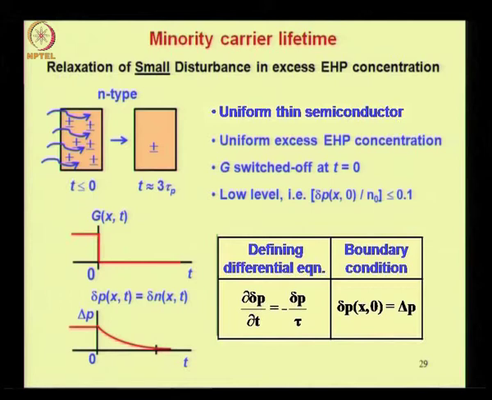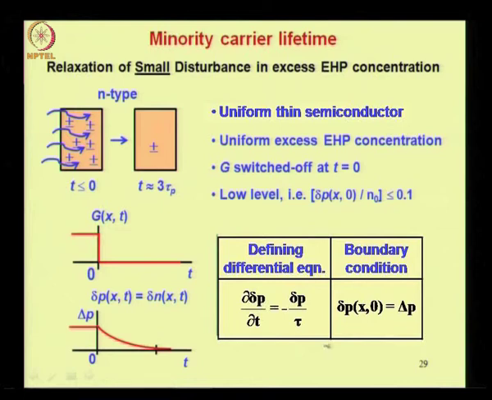Now we shall show that the defining differential equation turns out to be a simple differential equation of this sort: ∂(δp)/∂t is equal to minus δp by tau. We are talking in terms of minority carriers here. We can always write a similar equation for majority carriers by replacing δp by δn, because here δp is equal to δn.